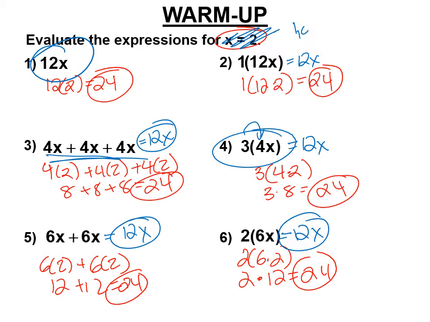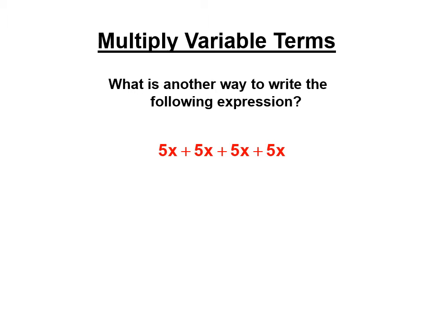So if I'd made x a million, these all would have had the same answer, which would be 12 times a million, because they all had 12x. These are terms with variables in them. So 5x plus 5x plus 5x plus 5x is 20x. This is also 4 times 5x, 20x. We're multiplying variable terms.